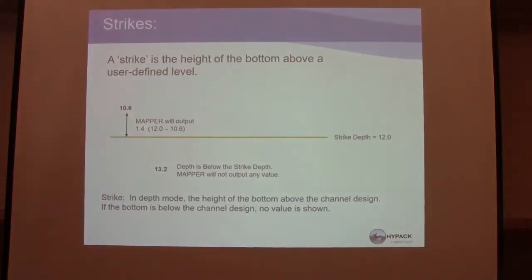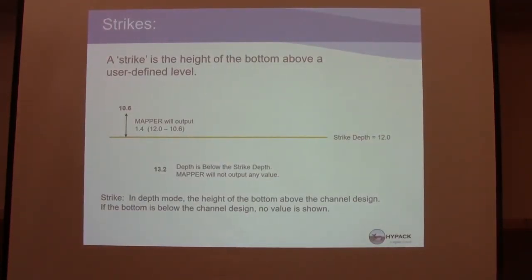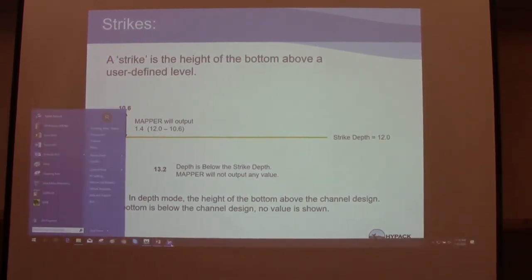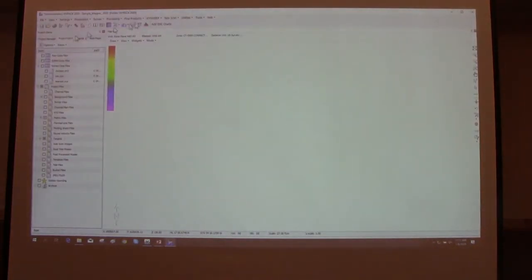Okay. Any questions on Mapper? You had a couple of check boxes on there that said remove above, or remove below. Oh, was that the other window that we had open? Can you set a depth that it just ignores?